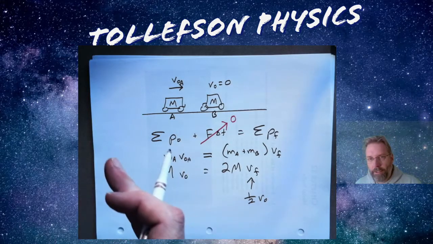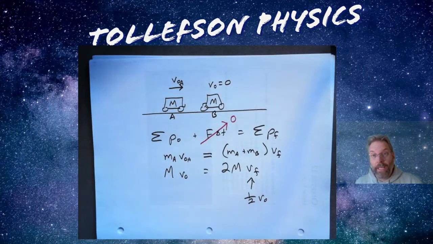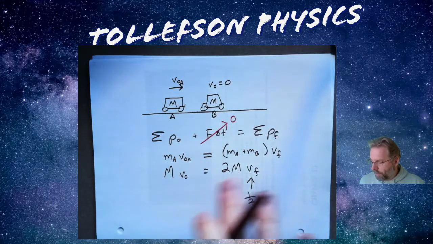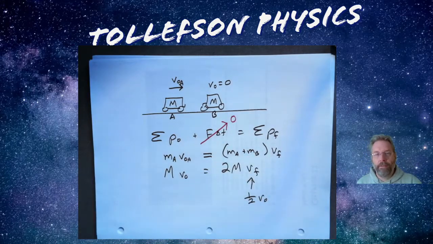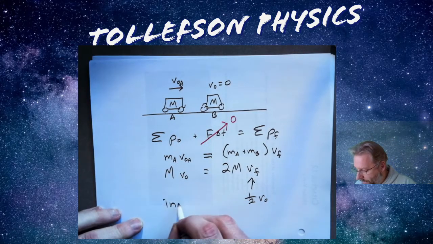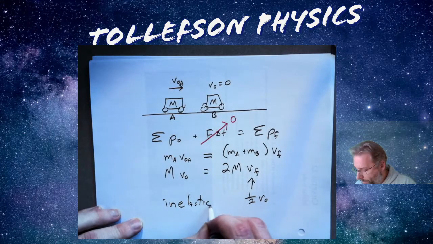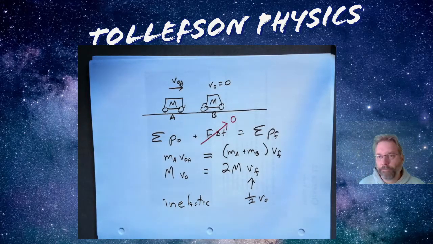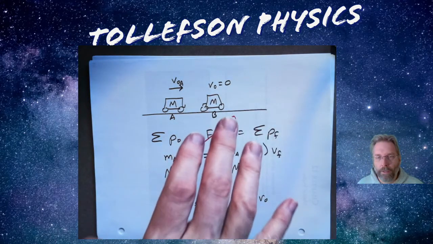It attaches itself to another object, which increases the mass, and since I have this increased mass, it's going to have to slow down. So that is an inelastic example of two cars that are colliding.